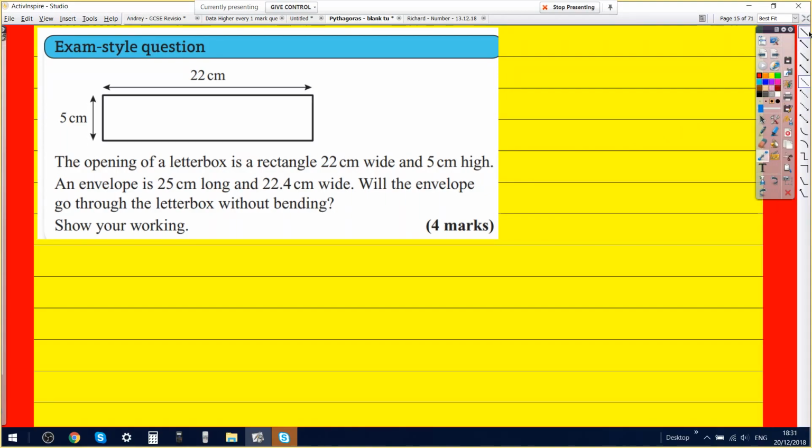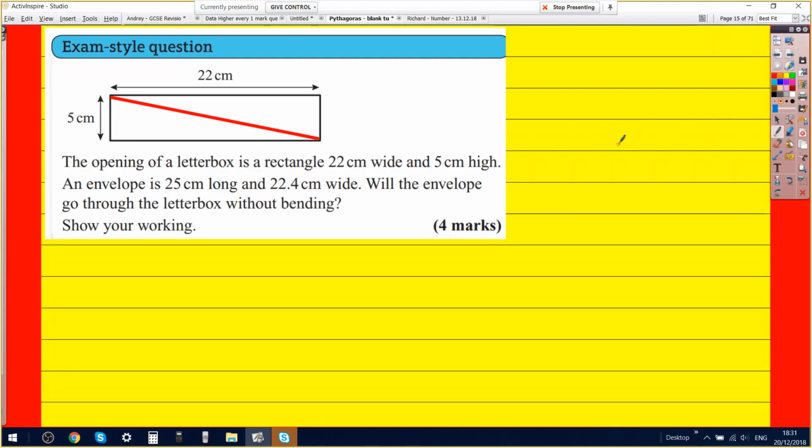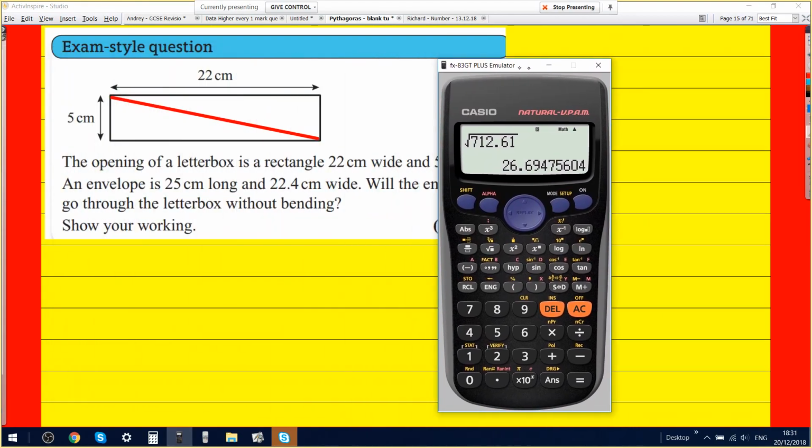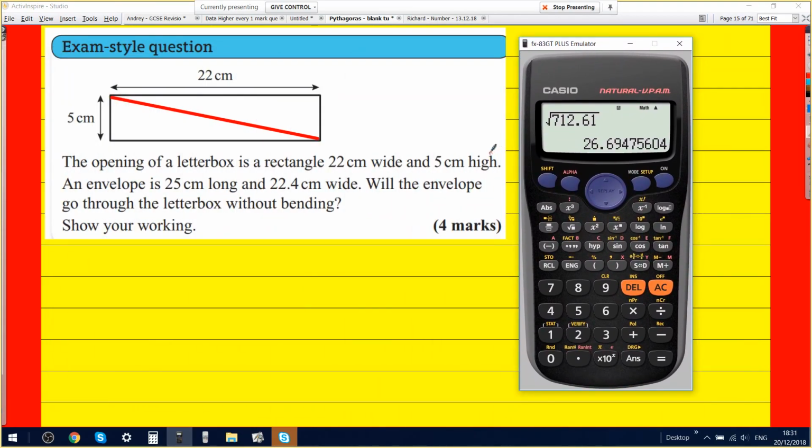Well, what if you were really doing this, you'd probably turn the envelope to try to get it in. And basically the diagonal is always the longest line. So it'll work if you do it like that. Well, it might. How long is this diagonal? No, it is using the method we just did.